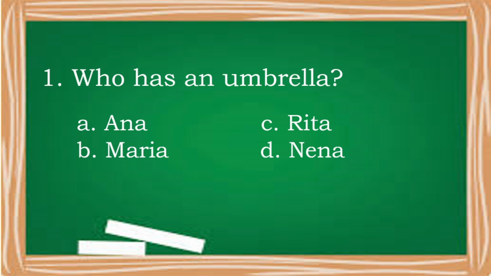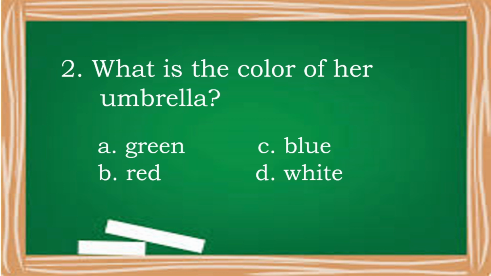Alright, let's proceed to the questions. Question number 1. Who has an umbrella? A. Anna. B. Maria. C. Rita. D. Nana. Question number 2. What is the color of her umbrella?